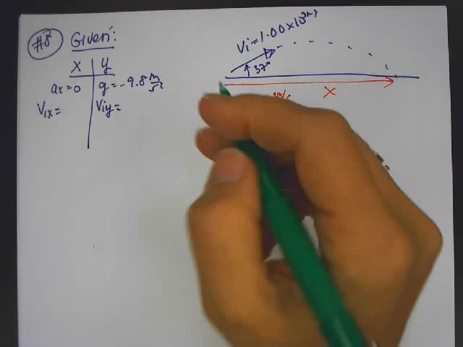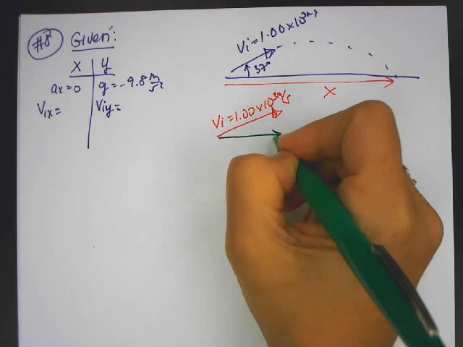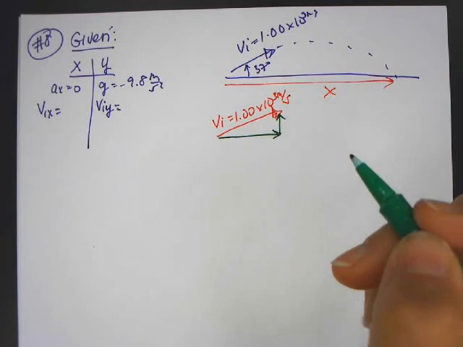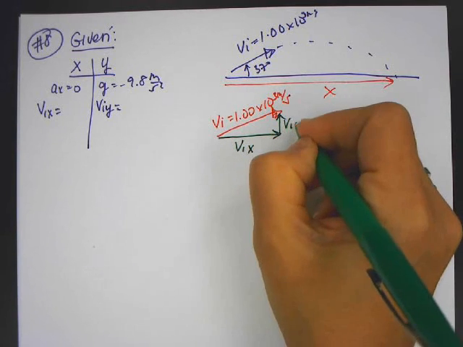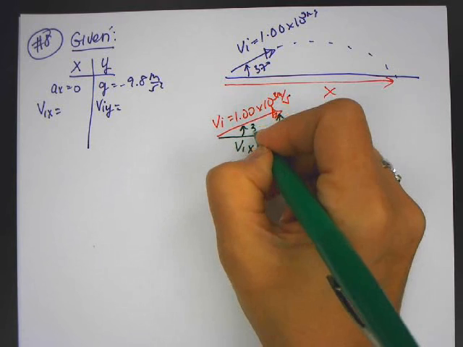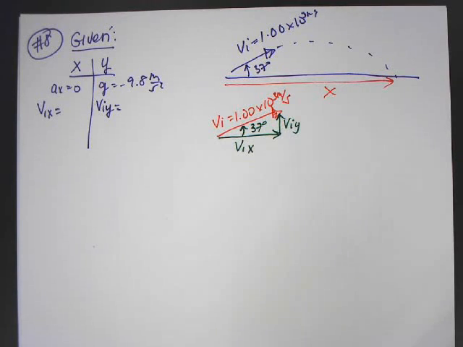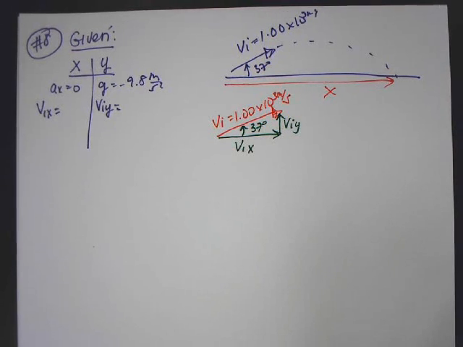And I want to find the horizontal and vertical components. The more you write down on paper, the less likely you are to make a mistake. So this is vix, and this is viy. And this angle here is 37. Do I use sine? Do I use cosine? What do I do? If you're not sure what to do, just write down the first thing that pops in your head. So the first thing that pops in my head is sine.